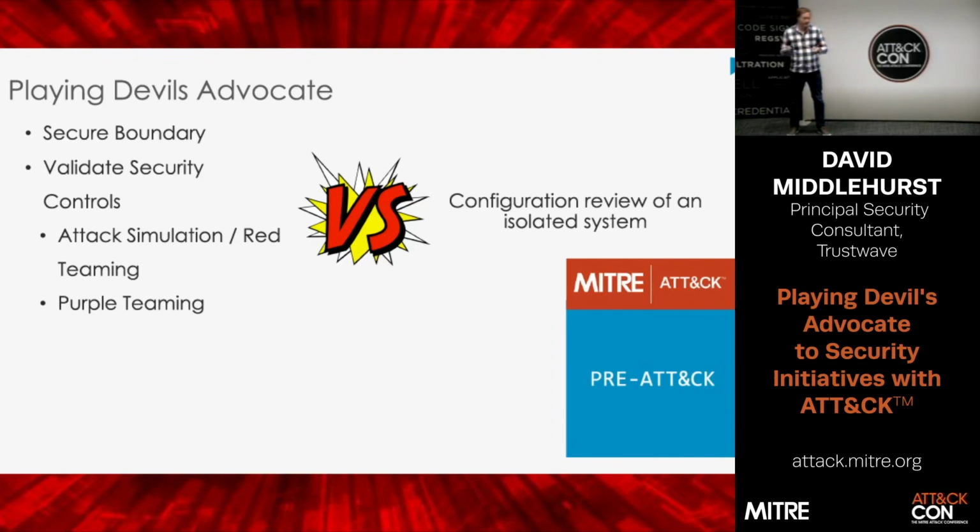Well, I've done a whole spectrum of things from red teaming to configuration reviews, and I just think maybe we should take a step back and look at the left-hand column of MITRE ATT&CK, the initial access. We should look at things like MITRE PRE-ATT&CK, look at how real attackers are getting in, and then prioritize those areas. One way of potentially doing this is performing a red team exercise.